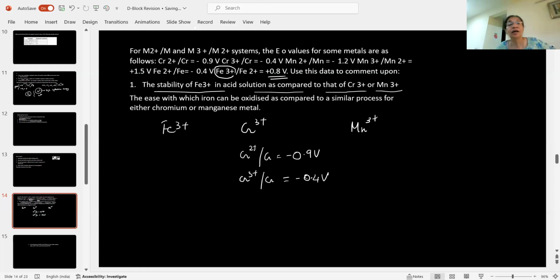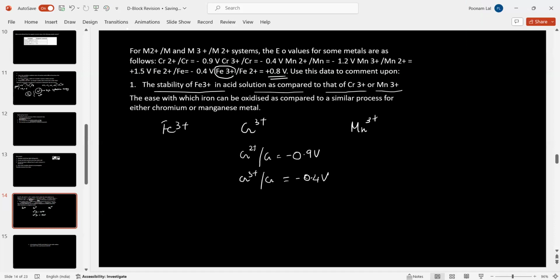Okay. And here, tell me, what were you saying? Yes, I was saying Fe3+ is more stable due to high E0. Yes, same thing you were saying. So the E0 value of Fe3+ is higher than Cr3+ to Cr2+ and lower than Mn3+ to Mn2+.